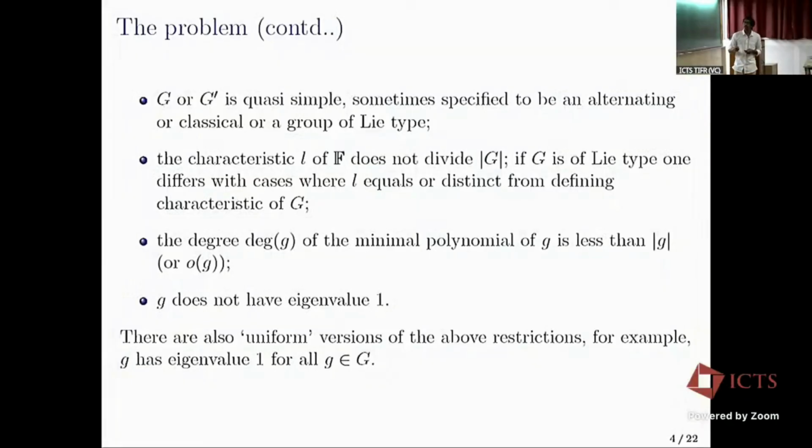And a complete solution to this question, meaning you take any finite group and determine all unisingular representations of G, has not even been done for many families of groups.